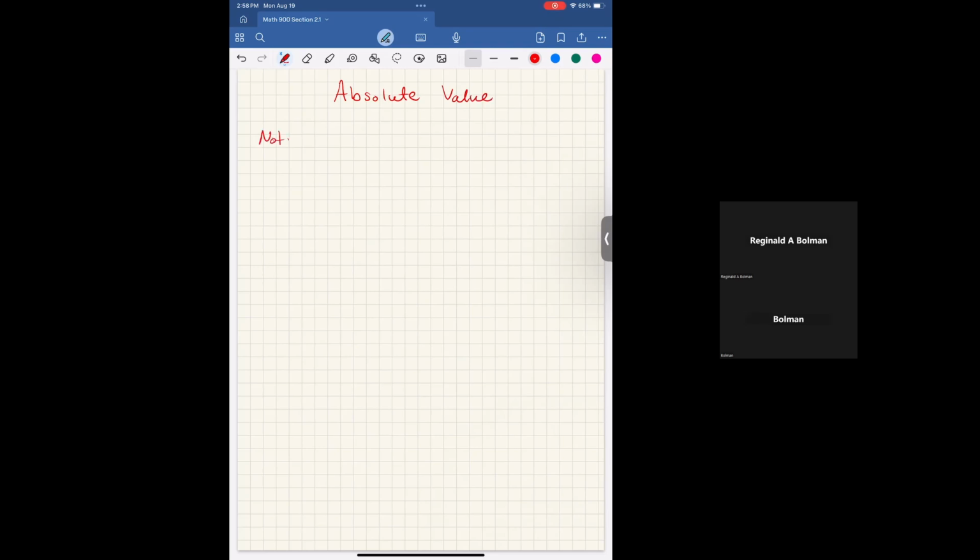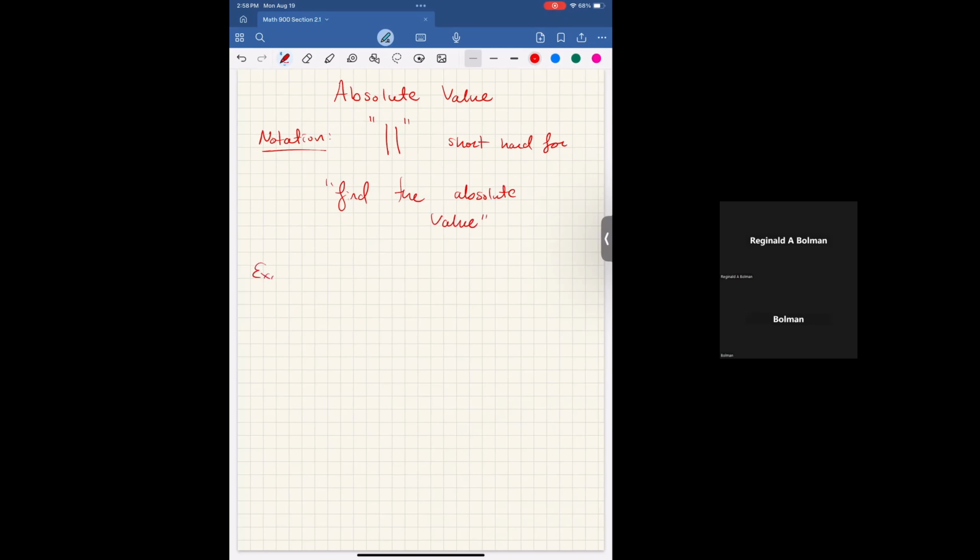So the absolute value has a specific notation, which is as follows. The absolute value will be denoted using two parallel bars that are going vertically up into the sky. And this is shorthand for find the absolute value of that something.